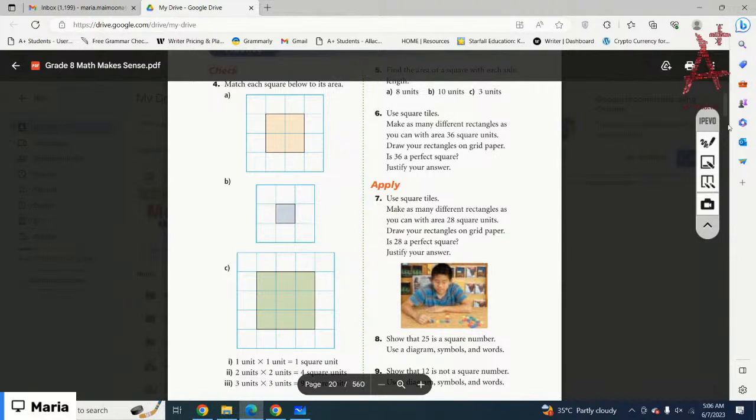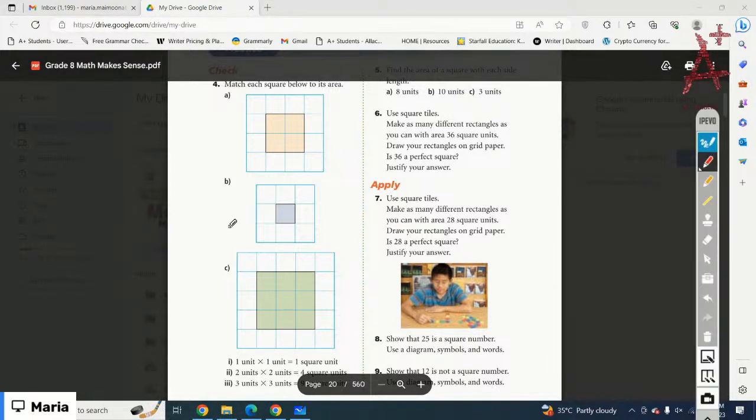Got it? You can see this one. This one is a pink square. Here you have two squares this side and two squares this side, so that means that is a square that has all four sides equal in length. Got it? So it would be 2 times 2 equals 4.